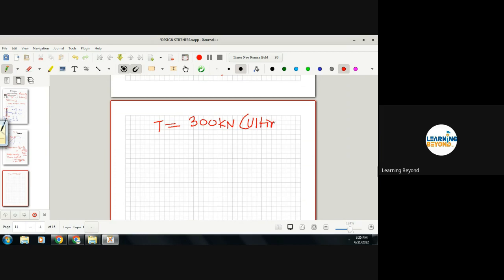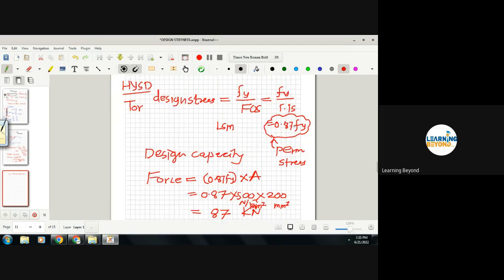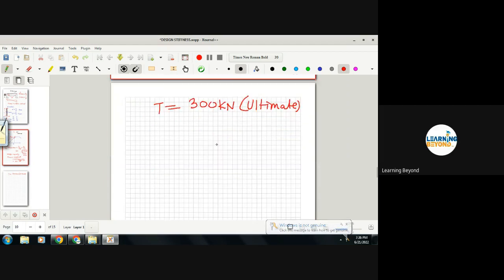Don't forget, this is not the working force, because the permissible stress 0.87 Fy is for the limit state method. That means it is the ultimate permissible stress, so you should take the force as ultimate, say Tu or Pu. What will be the diameter which the bar can take safely? Tell me the procedure first.